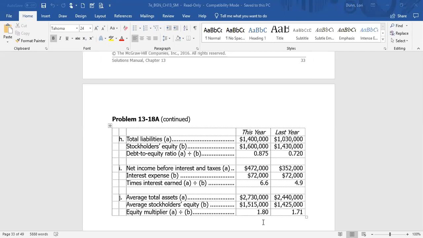So this year, 6.6 times. Last year's number, we would have had 352,000. Our interest expense last year was 72,000 also, so it would have been 4.9. And that's just telling us how many times the company can pay interest from their earnings. And think about it. Where does the company get money to pay interest? Well, they've got to make money.